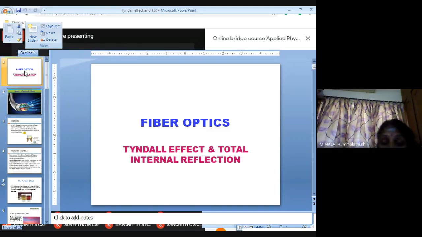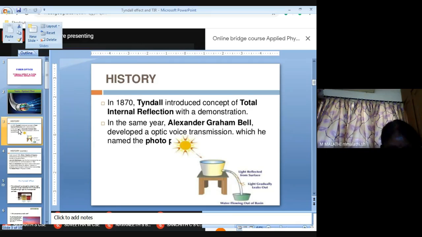Now, we know optical fiber was used only after the invention of laser. From the basics, we are going to see how this optical fiber was developed and how it is used.